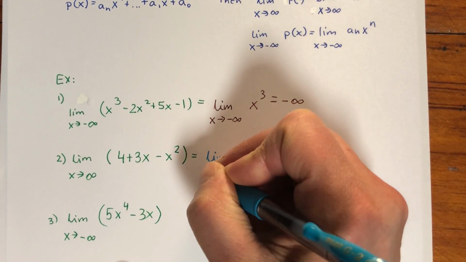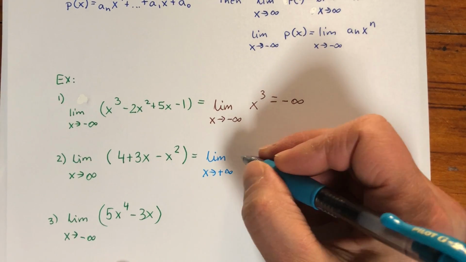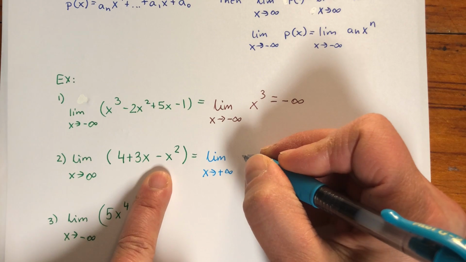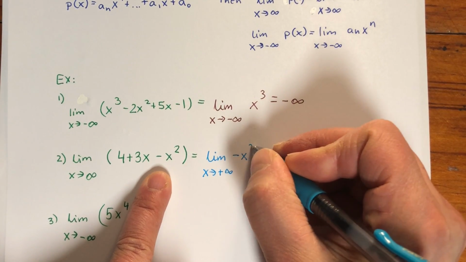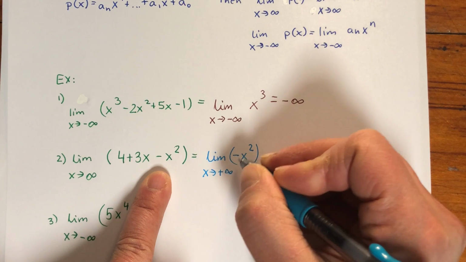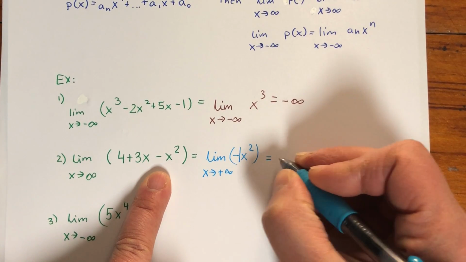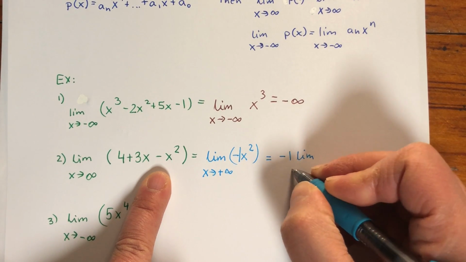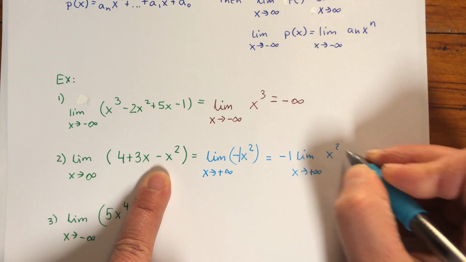Limit as x approaches positive infinity. I need to figure out which one is the term with the highest exponent. And notice this is negative x to the power of 2. Whenever you have a number, in this case we have -1, you bring this negative in front, and then you have the limit as x approaches positive infinity of x squared.